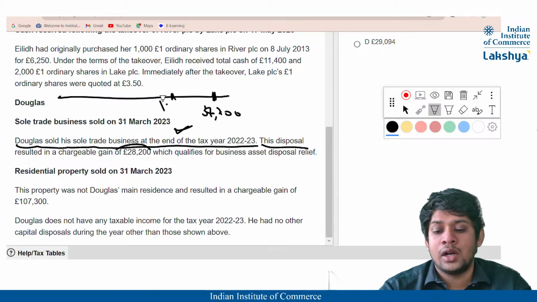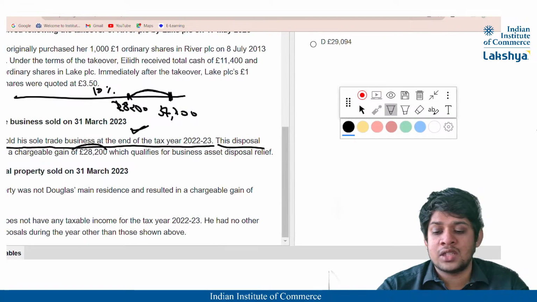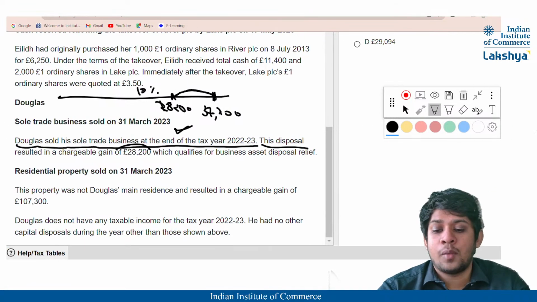So till 28,200, already it has been occupied by the BADR, because first it is qualified for BADR, and obviously this will be chargeable at 10%, right? So from 28,200 to 37,700 then comes the residential property which has been disposed of. From 28,200 to 37,700, it is still within the basic rate band.